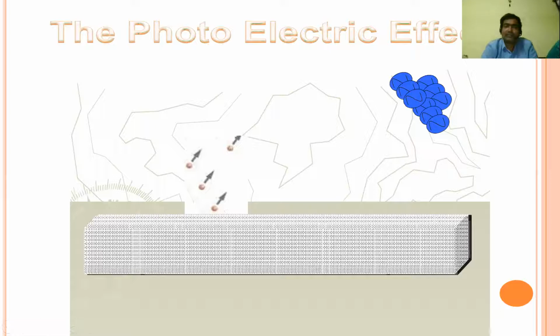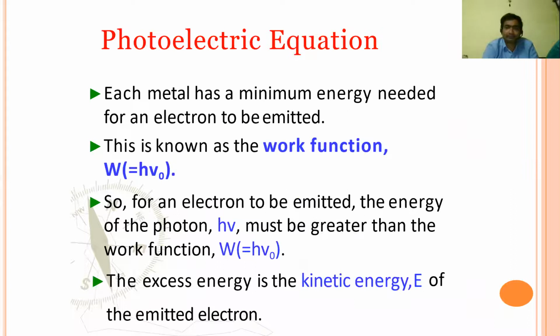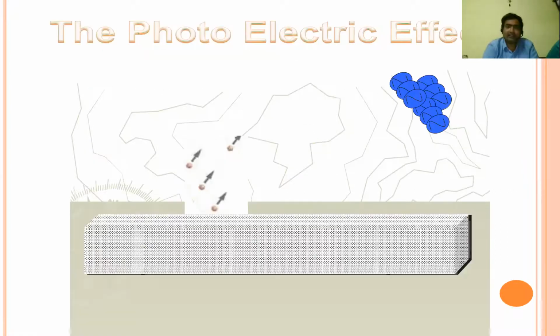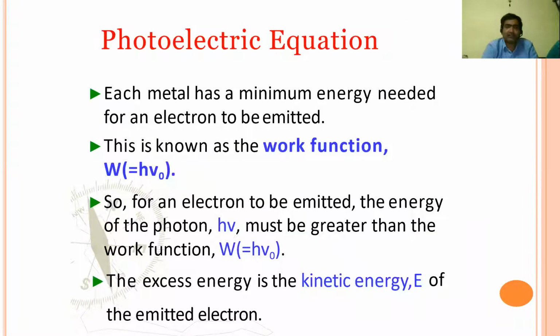So the minimum amount of energy required by an electron to get out from the metal surface is called work function. If this photon supplies a large amount of energy, then some energy is utilized to get out from the metal surface, and the remaining energy will be converted into kinetic energy.